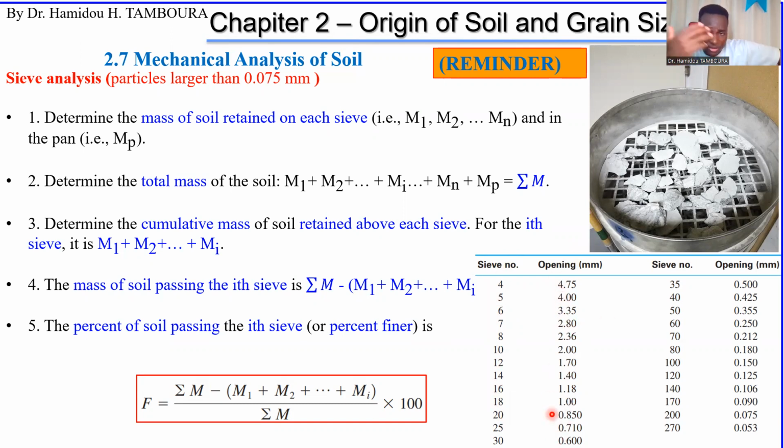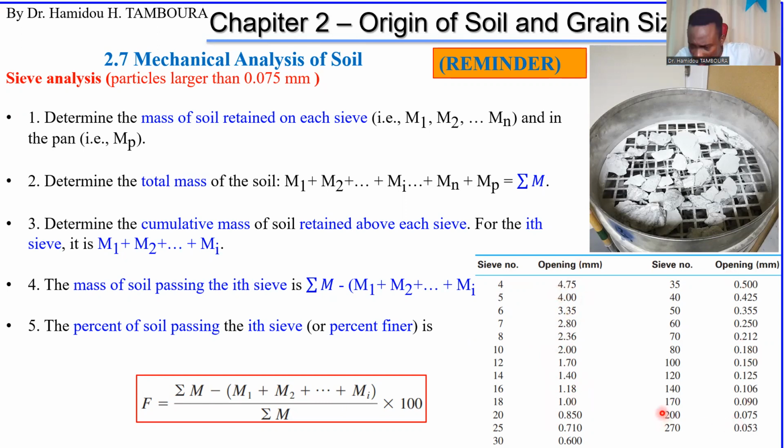But you remember that for us to make this graph, this curve, we need the size, the diameter size, which will be on the x-axis and which should be in logarithmic scale. So we have to make a correspondence between the sieve number and the opening, because we have to use this opening in our analysis.